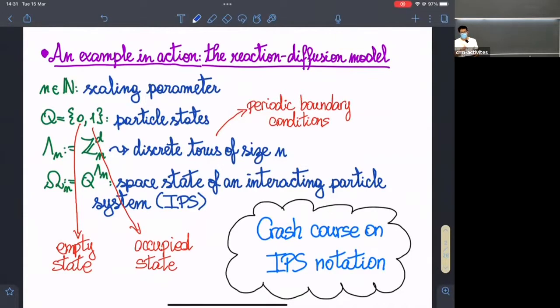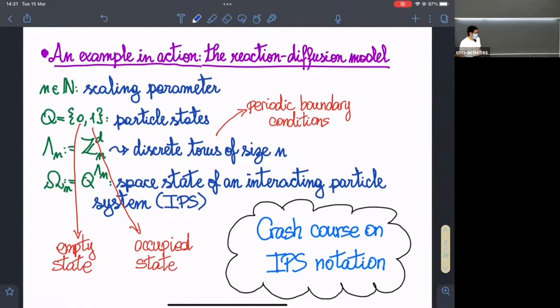It's a very important subclass of Markov chains, and they have somehow their own language. So I'm going to give you in a few minutes, maybe 15-20 minutes, a crash course on interacting particle systems notation. So we understand a little bit better what we are going to talk about.